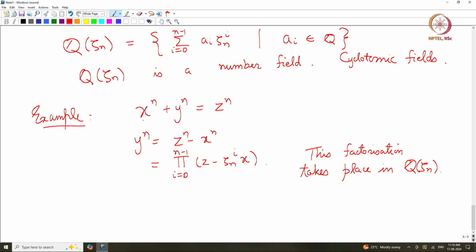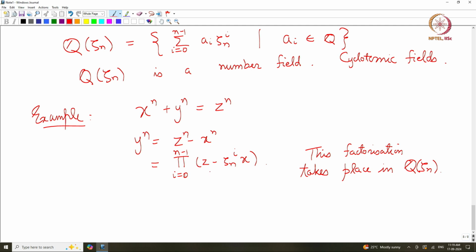Again, we can assume that if you have a solution of x to the n plus y to the n equals z to the n, then it is a primitive solution. We can divide out by the common divisor of x, y and z and assume that their GCD is 1.